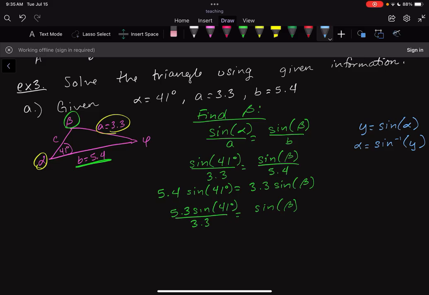So in our case, this beta is kind of like the alpha that I drew, and then this is kind of like the y. So I'm changing my form. So this is going to be sine inverse of all this stuff will be equal to beta.